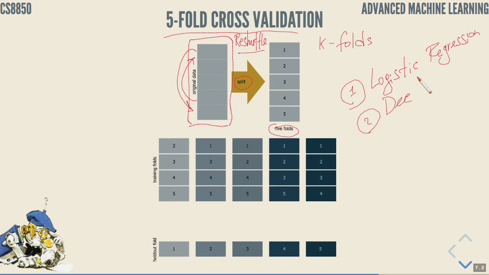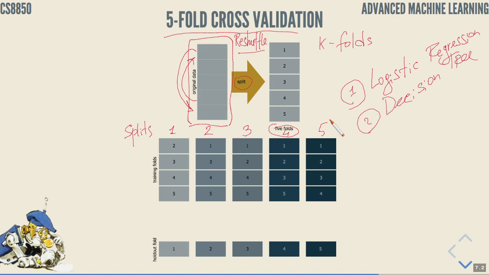We haven't covered decision trees in this class, but I'm assuming you're familiar with them. So what we do now, we have 5 folds, and correspondingly we have 5 splits. This is split 1, this is split 2, split 3, split 4, and split 5.